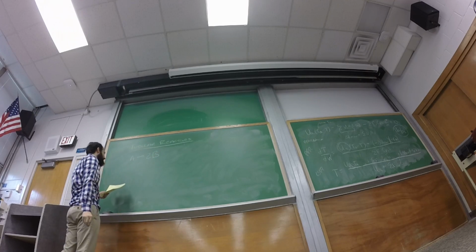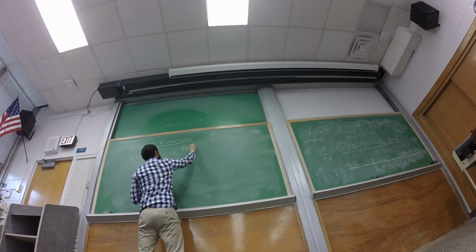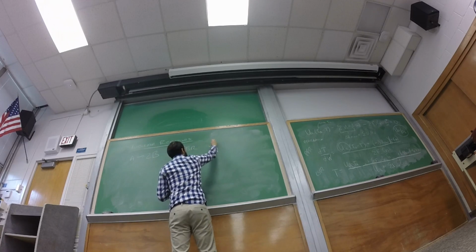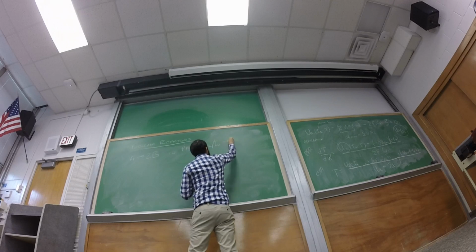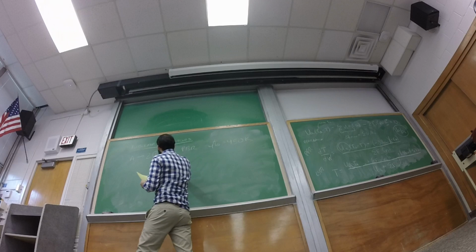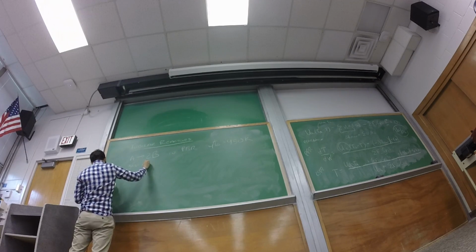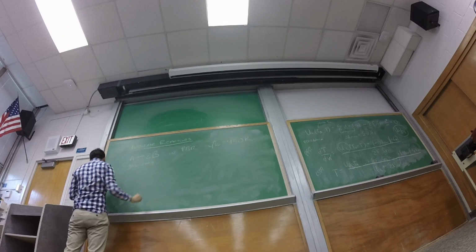Okay. A goes to 2B in a PBR with T naught equal to 450 Kelvin, and it's a gas phase reaction. It is irreversible.